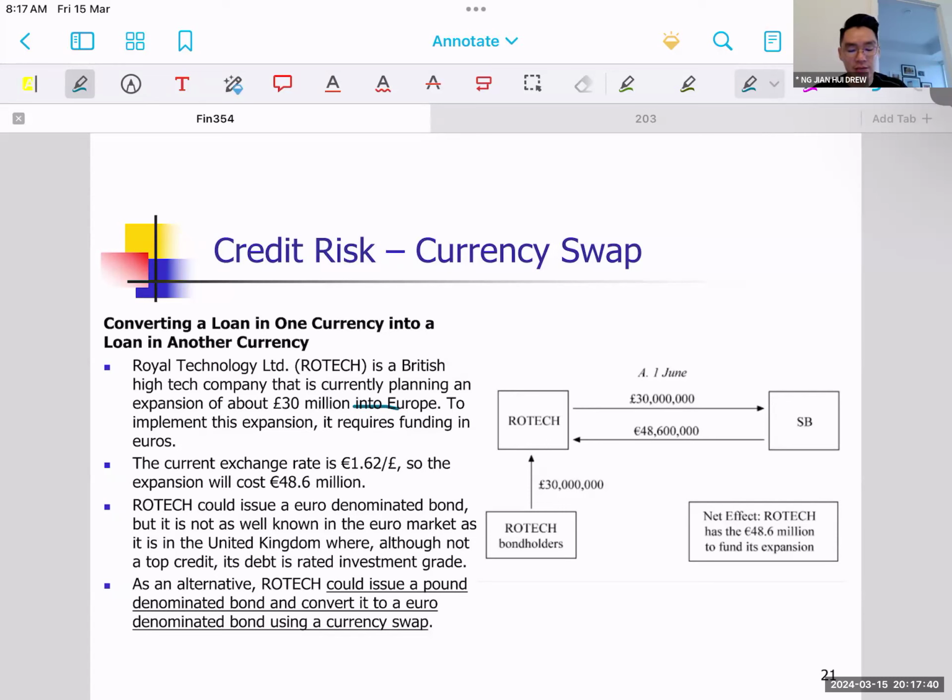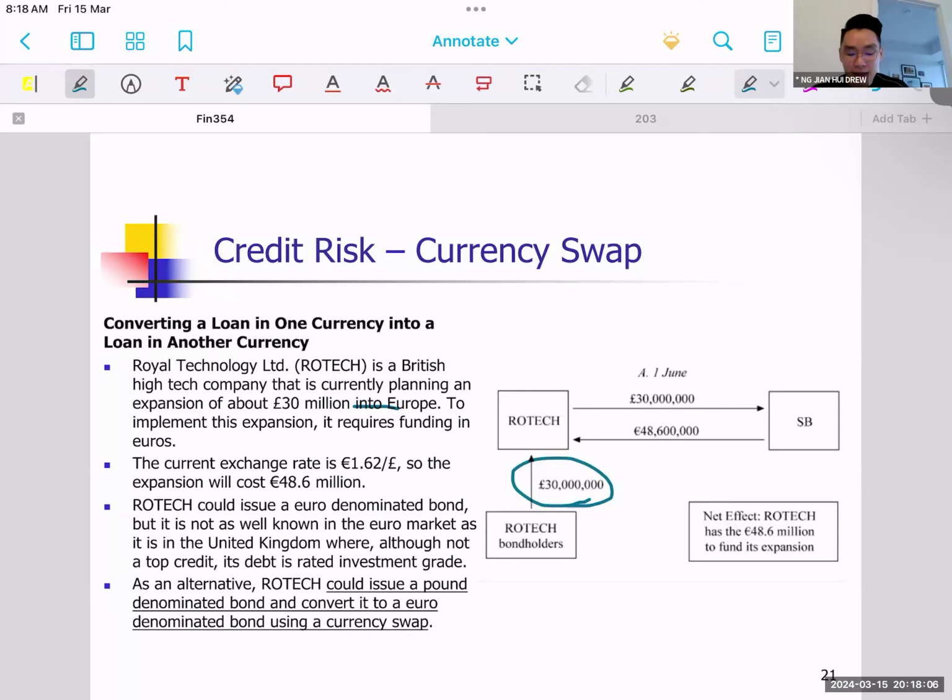So what does Rotec do? Rotec has very limited experience issuing bonds in the European market, but is very well known in the UK market for issuing bonds. So what Rotec does is try to issue a bond in the UK. It issues a 30 million bond in the UK and gets the amount in pounds, 30 million pounds.